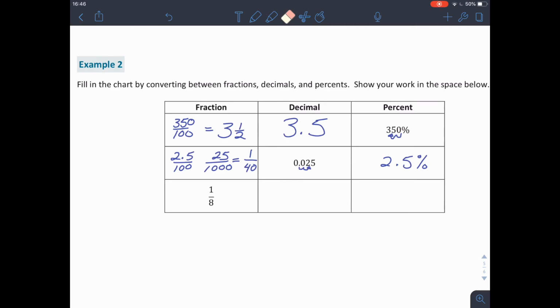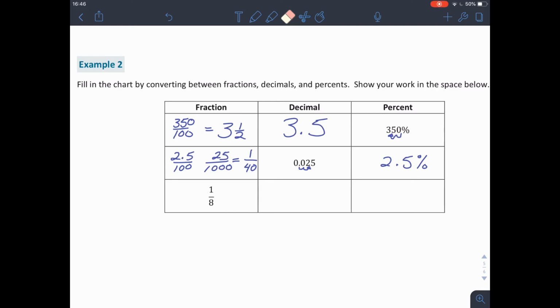But if I did use the percent, it would be 2.5 over 100. I then would have to convert that into an equivalent fraction that didn't have a decimal in the numerator. So to just avoid all of that, if I took instead the decimal, and I took the 25 from it and put it over the lowest place value of 1,000 for the thousandths place, I then will get my fraction of 25 over 1,000, which simplifies to 1 over 40 when I divide the numerator and denominator by 25.